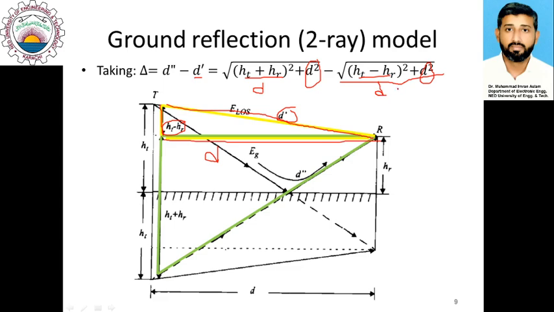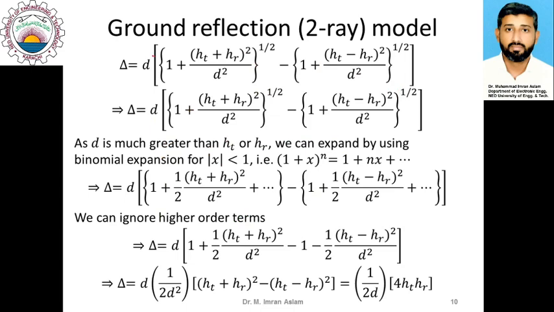So if you take d common here, you can see this d becomes common, and in the bracket you would be left with 1 at one point, and the rest of the part would be divided by d square. Similarly with the other part, you would see this expression here.